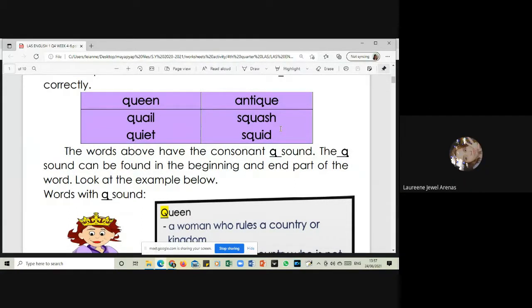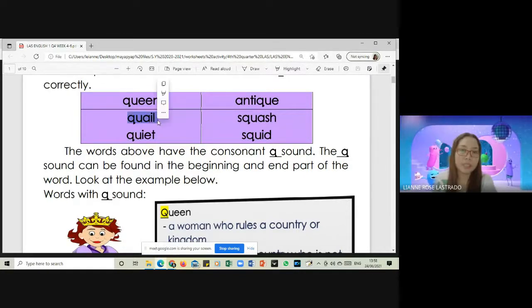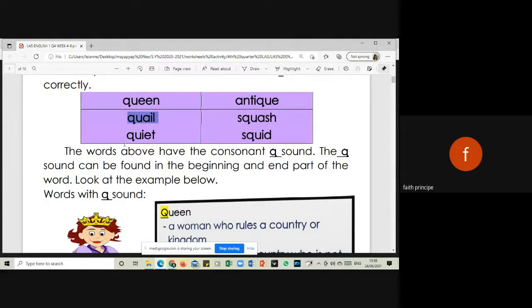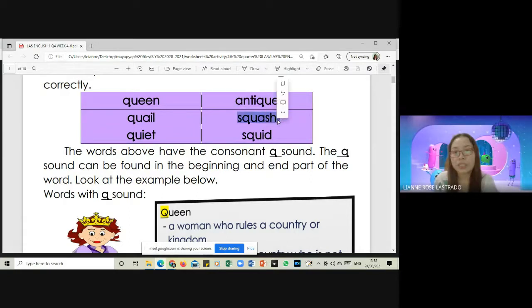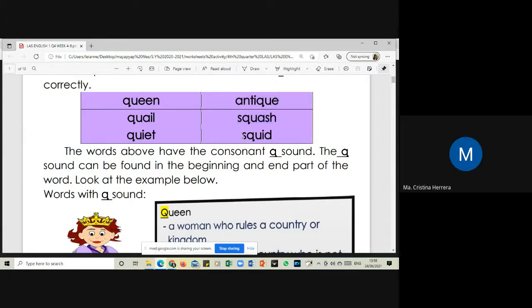Queen. Quail. Quiet. Antique. Squash. Squid. Sweet.